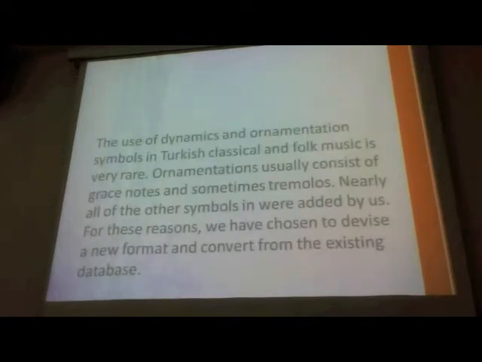On the other hand, the use of dynamics and ornamentation symbols in Turkish classical and folk music is very rare. Especially dynamic marks are almost non-existent. Ornamentations usually consist of grace notes and sometimes tremolos. Nearly all other symbols in the Musiki Alpha database were added by us.